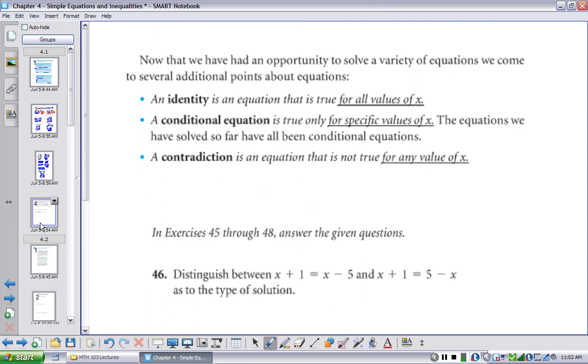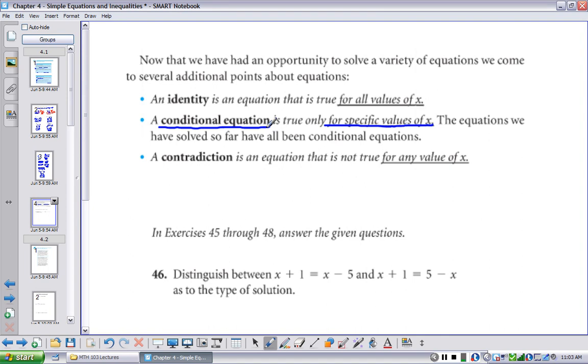Now, if you notice, in all of the equations that we have just solved, we got one value back. We got a specific value back for x. And whenever you get a specific value or specific values, because some equations have more than one solution, then these are conditional equations.